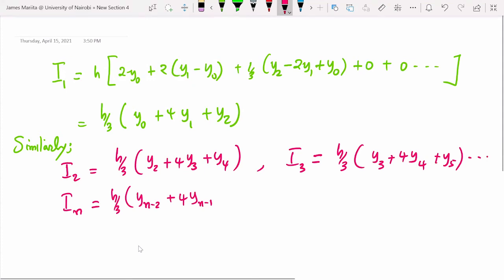I think the first one should be y(n minus 2)... this should be y(n minus 1), plus 4yn, plus y(n plus 1).